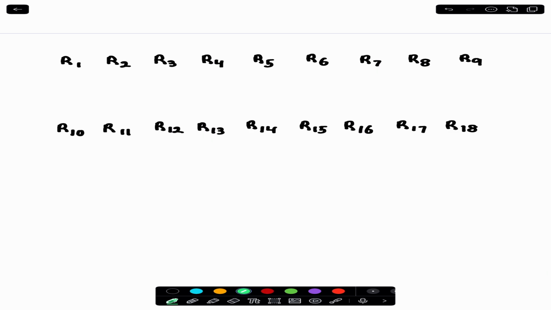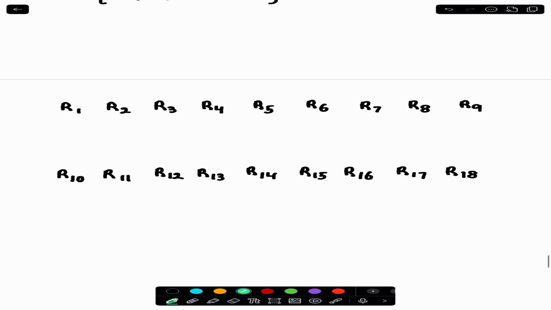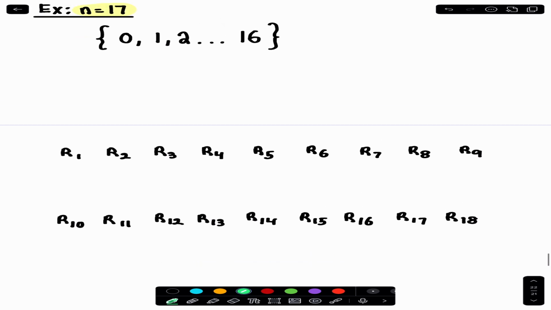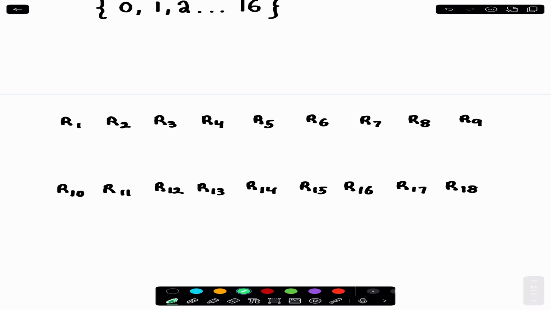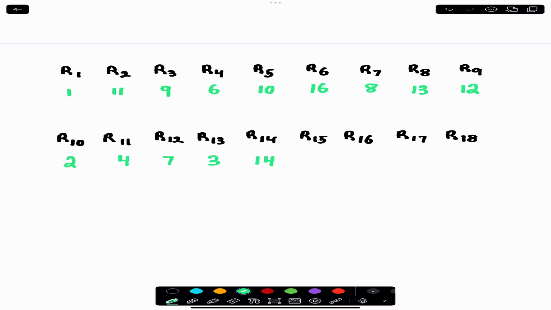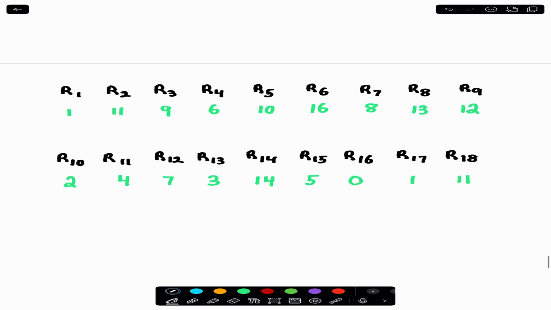Underneath each rep unit, I'm going to write the remainder upon division by 17. I've put this into an online calculator, so I got all of these very fast, because as you can imagine, this number is pretty big, so it gets pretty crazy. So this is the remainder when divided by 17. Okay, there we go.